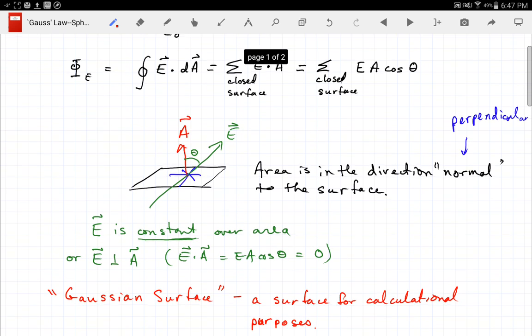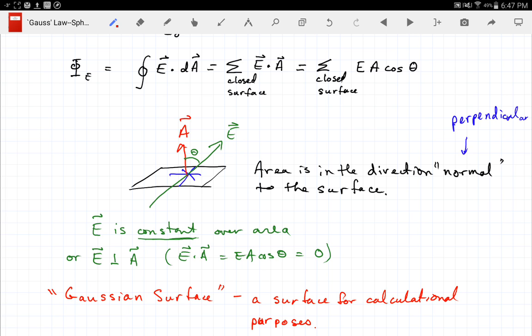Now, in this lesson, I'm going to specifically look at spherical symmetry. I'm going to look at charge that's distributed in a cylindrically symmetric fashion. So I have a symmetry that's going to allow the electric field to be only dependent on how far away from the center of the circle you are, and the direction of the electric field will always be parallel to the area if you use a spherical shell.